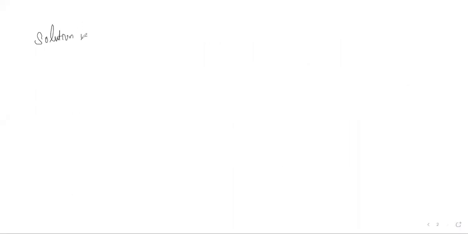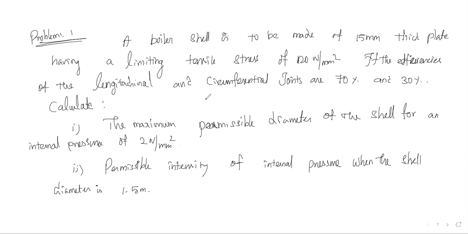So here the given data. Thickness T is equal to 15 mm and the limiting tensile stress, that is nothing but sigma 1, is equal to 120 Newton per mm², and the efficiency of the joints as longitudinal and circumferential, 70 percentage and 30 percentage.